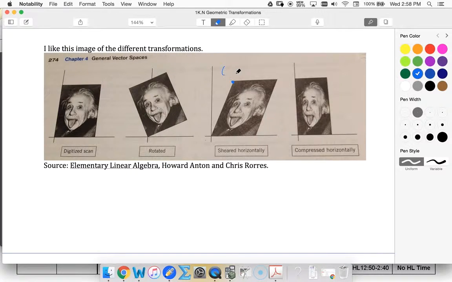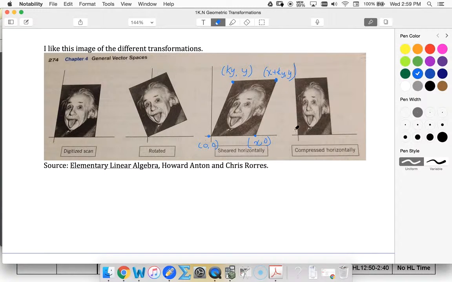So the y-coordinate has stayed the same, but the x-coordinate is sheared by the amount ky. So that one would be ky. And now this one would be x plus ky, y. So this is assuming that down here is our point x0, 0, 0.